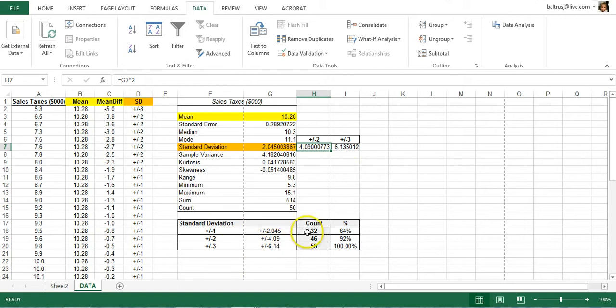And then we simply just need to count how many of these mean difference values are within plus or minus 2.045, within plus or minus 4.09, or plus or minus 6.14. Very easy to do. Now mathematically you can do the count, but with this data file, since it's so tiny, it's only 50 records, I literally just labeled each one and highlighted them.